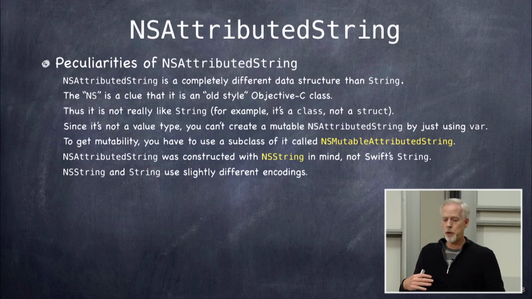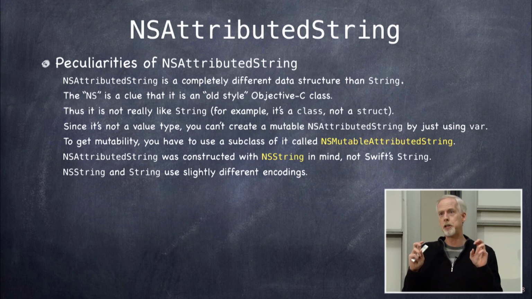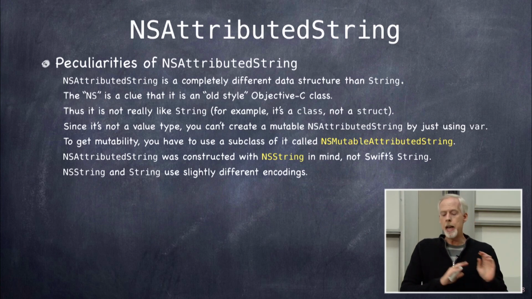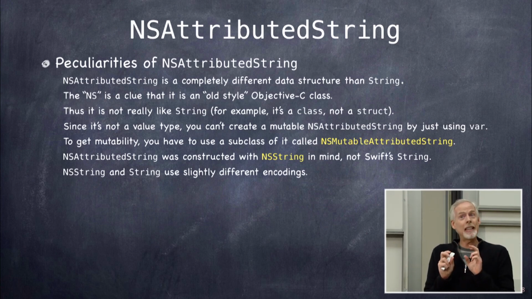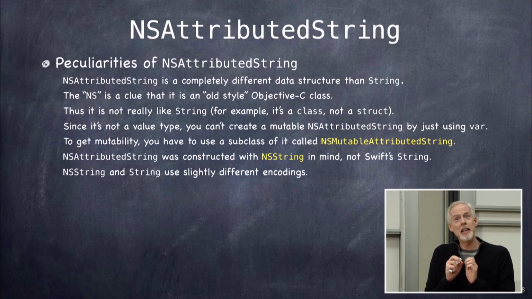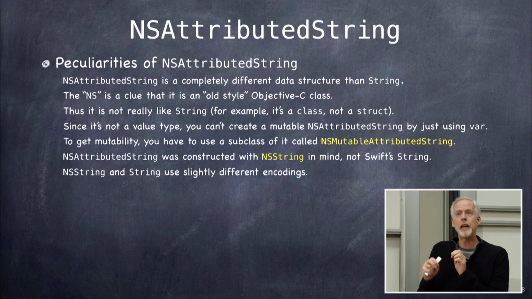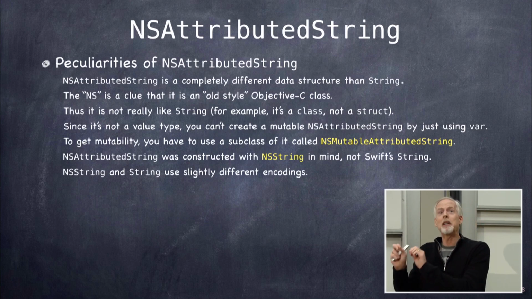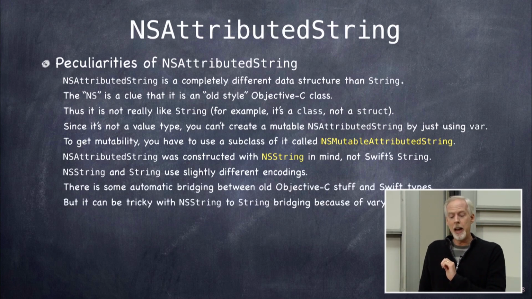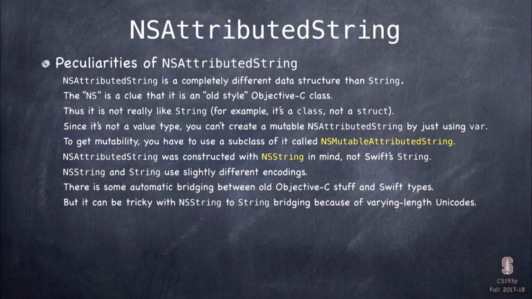Also, NSAttributedString was built and constructed internally with NSString in mind. NSString is the old Objective-C string. NSString and string have a little different Unicode encoding underneath. So when you have wacky characters like emoji or café in there, the indexes into them might not quite match up, okay? And there's automatic bridging between string and NSString.